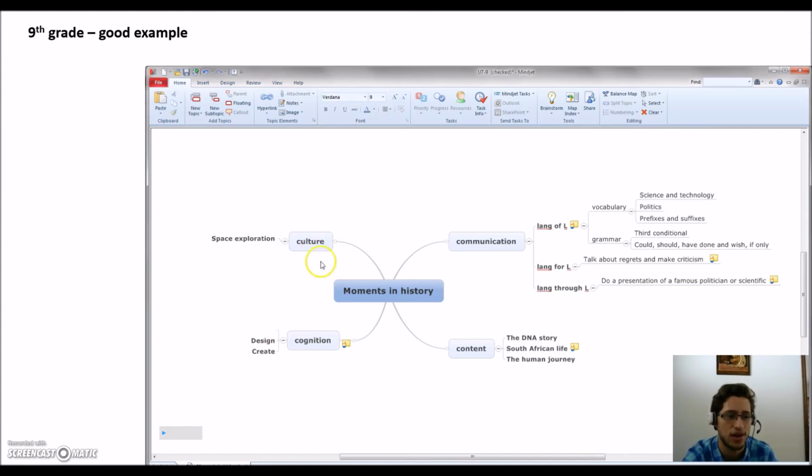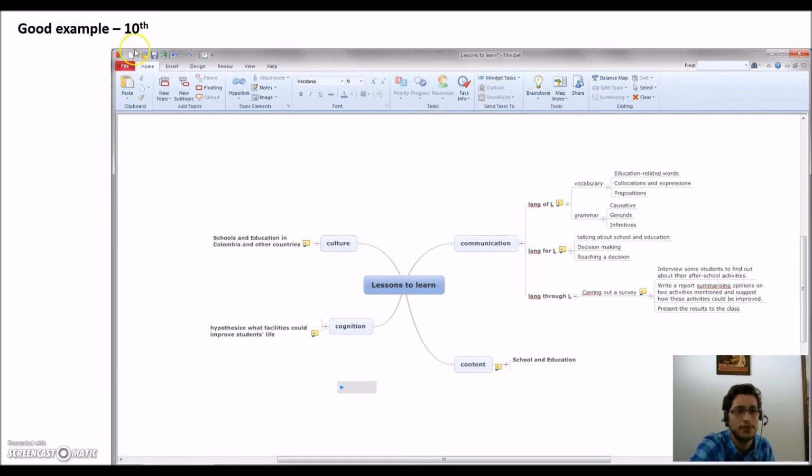We have seen culture, space exploration, cognition, design and create, which actually is very challenging, and that's very interesting to find there. This is all made by teachers in Bucaramanga, to whom we congratulate for having made these very wonderful plans. Content, DNA story, South African life, which in this case can be a topic or it can be a cultural topic, depending on how you look at that, depending on how you think about it. And then communication.